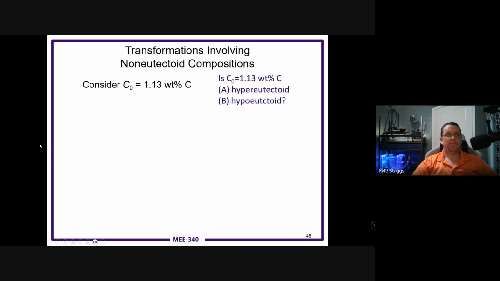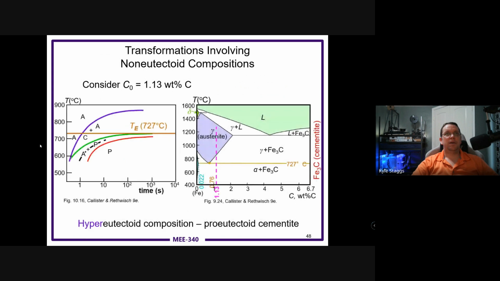So then we have a couple other ideas. For instance, the non-eutectoid, we're going to have some different kinds of grains appearing. So this is a little bit more complex of an example. So starting at 1.13 weight percent carbon, we've got the austenitic phase boundary.